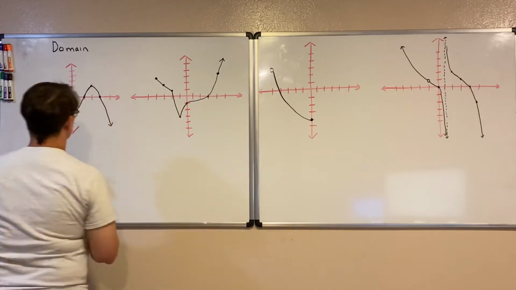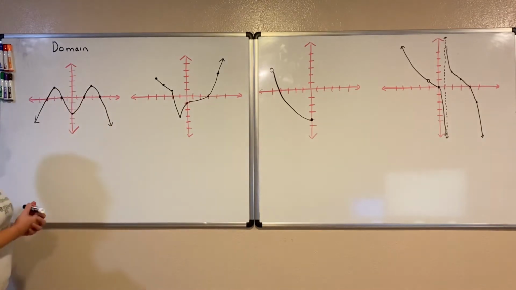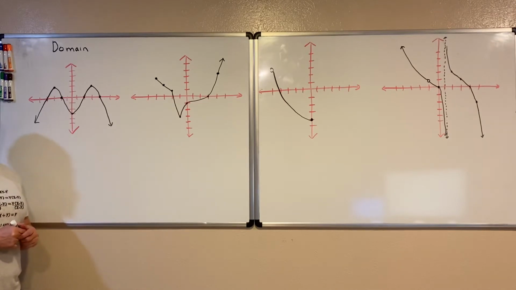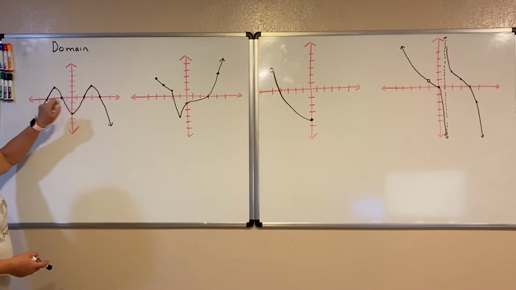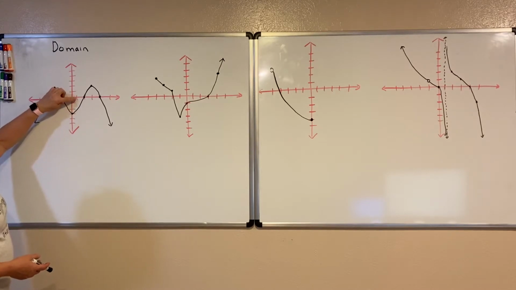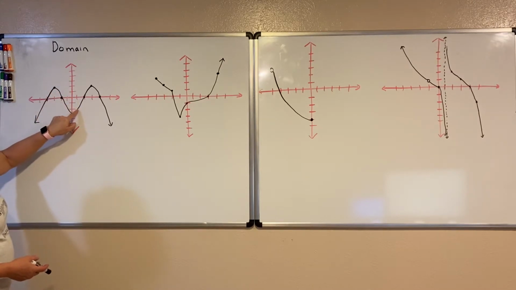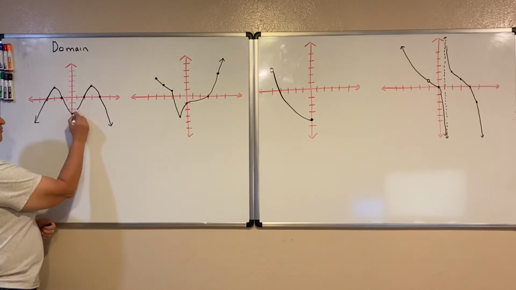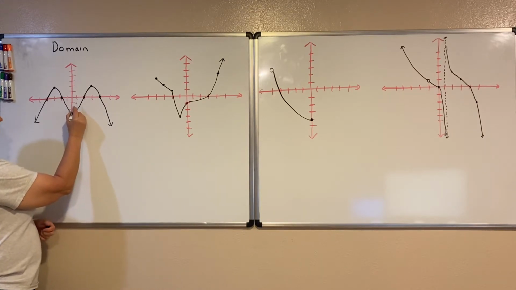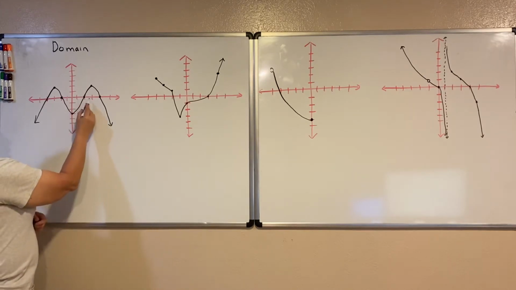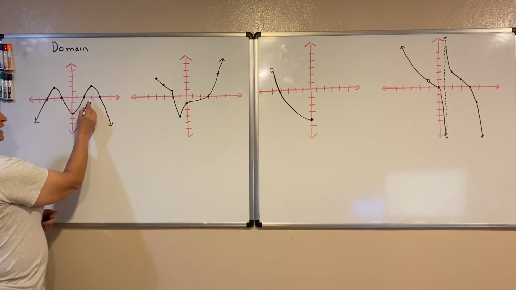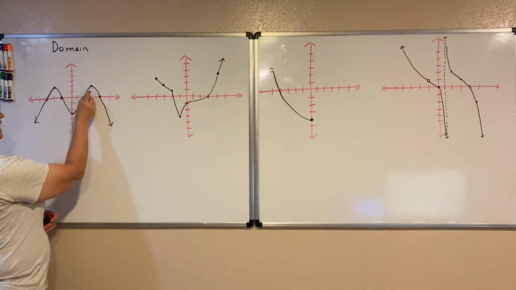So for instance, in this graph, let's pick an x value or an input and see if there's a point on the graph, say 1. If I look at where my x value is 1, there was an output here on my graph. So x could be 1. What about 3? If I input 3 into my function, I got out 2.